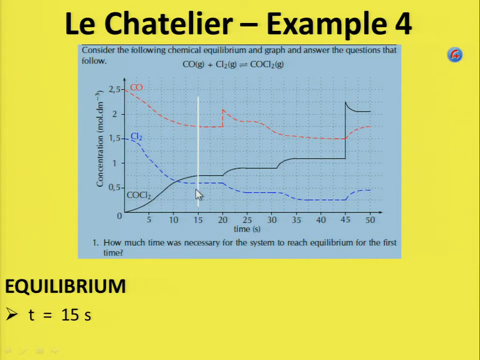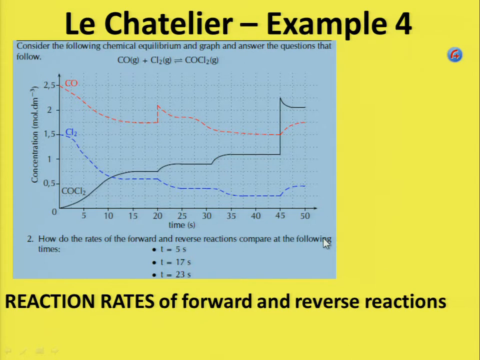So, at what time do these lines stay constant? After 15 seconds. You have equilibrium because the concentrations are constant. The second question. How do the rates of the reverse and forward reactions compare at the following times?